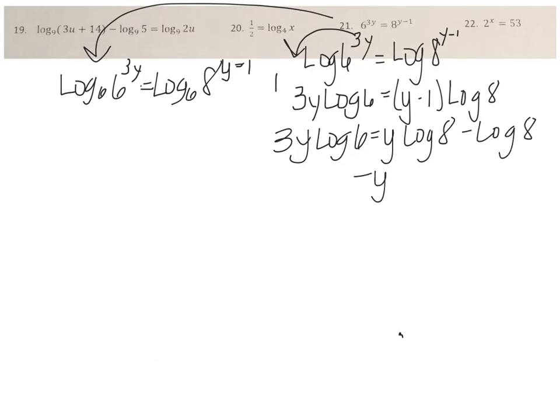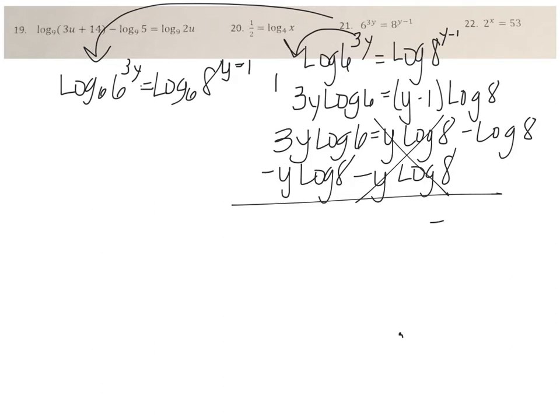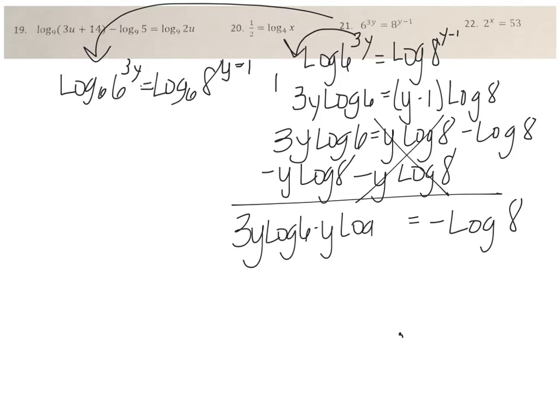I'm going to subtract my y so I get them all on the same side because I can't write my answer with a y in it. We can't say y equals something y. Minus y log 8. So these cancel on that side. I get negative log of 8 and 3y log 6 minus y log of 8.